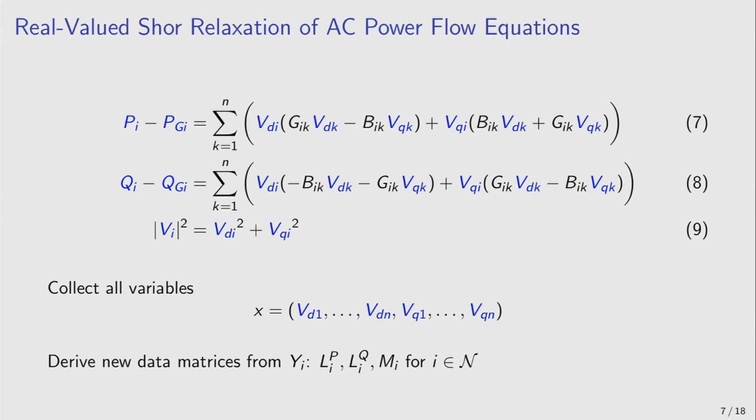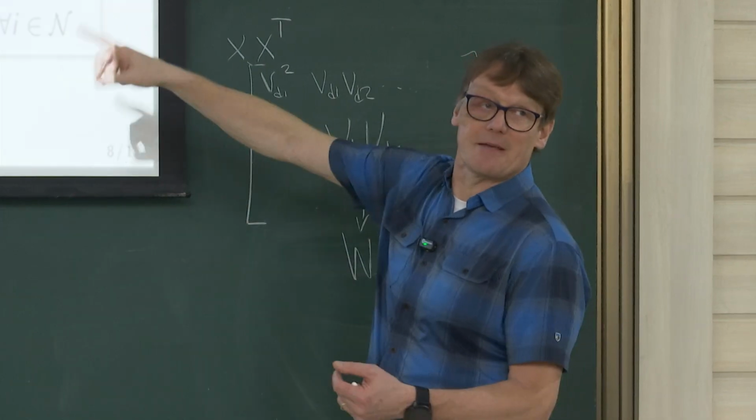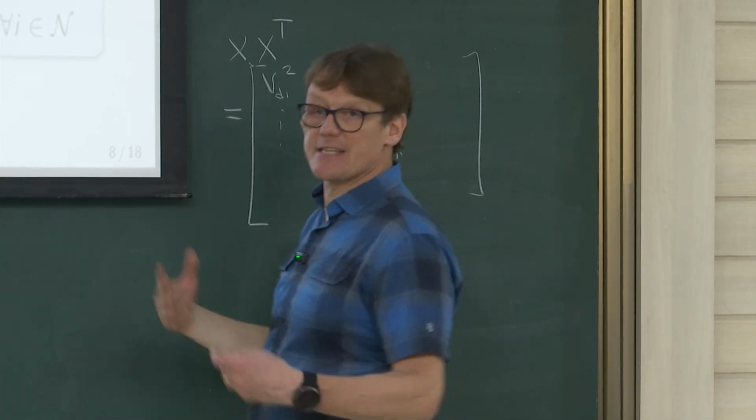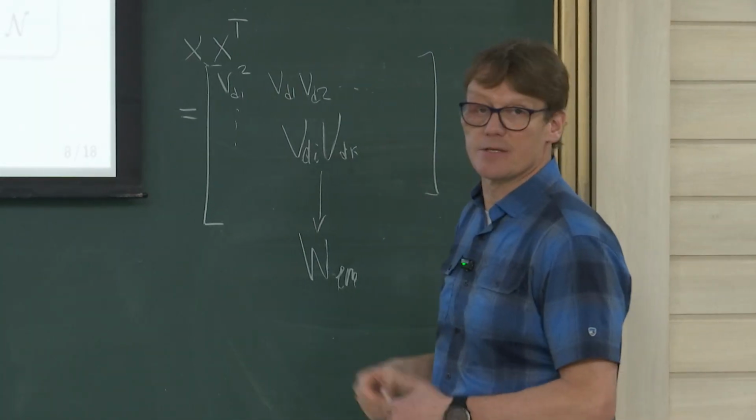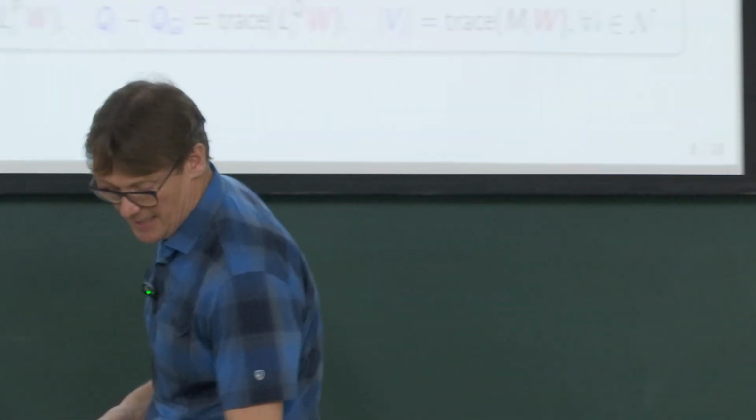So the right-hand side of these equations is now also linear, and I can write that in a convenient way of doing a matrix product with W that picks out the right elements and then taking the trace of this matrix product. And the data matrices are just constructed by figuring out what the summation was that you did on the previous slide. So that's how you'd construct these data matrices. On a small example, it's easy to see how you construct them.